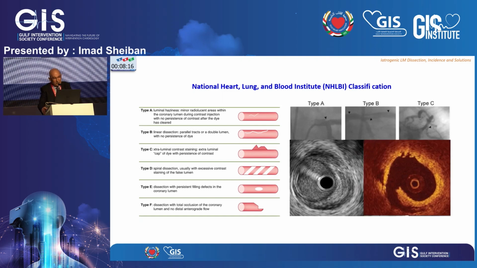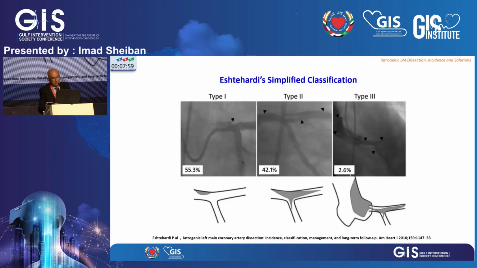And of course, sometimes intravascular imaging can help more to characterize with more details the dissection and the extension of dissection.